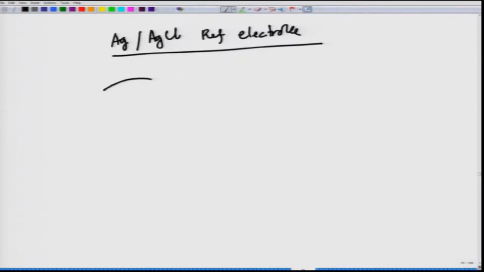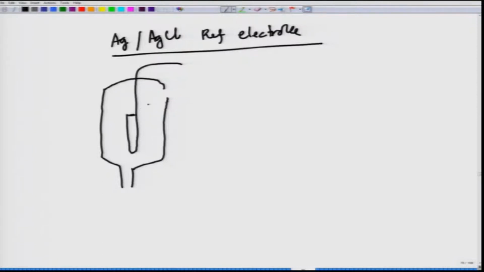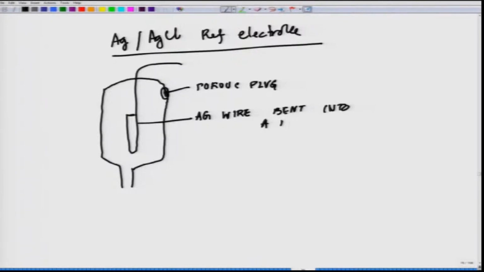You have, I am just showing you the cross section of it. Okay. So, this is how it looks like. There is a porous plug out here, AgCl electrode, and Ag wire bent into a loop. Okay.